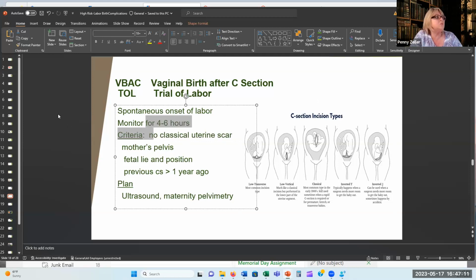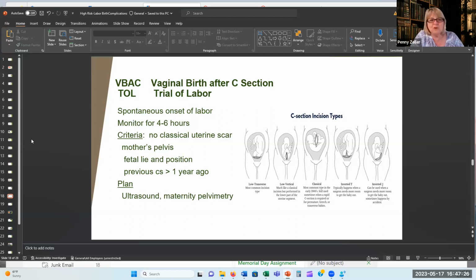A year is not unusual. If she's going into labor spontaneous after a C-section, the baby has to be in the cephalic position. Okay. I don't think we would want to do a version on someone that had a C-section.